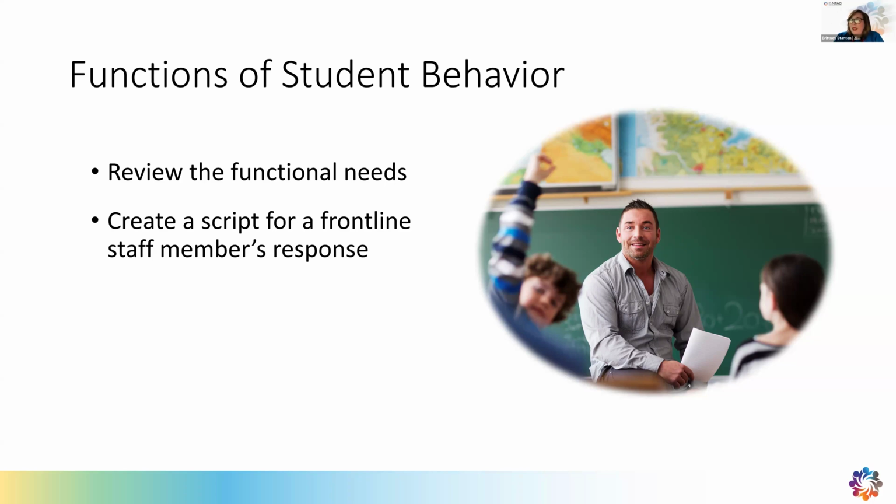But offering, in our response to them, hey, would it be okay if I worked with you for a few minutes? Or is there anything that I can do to help you on this assignment? So there were several things that we identified as what we could talk about with the students.